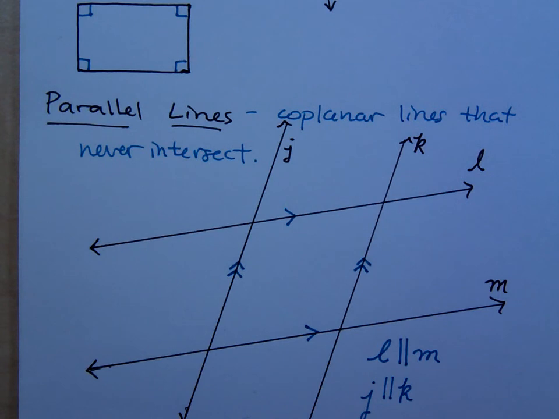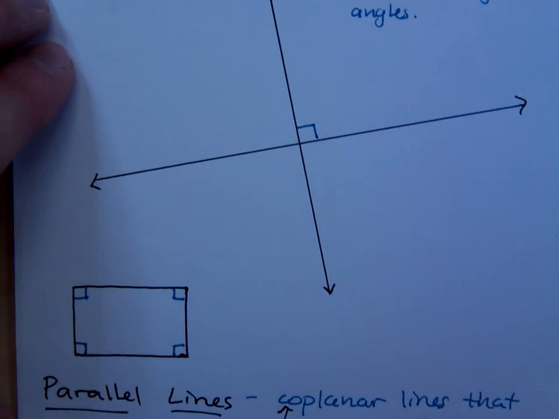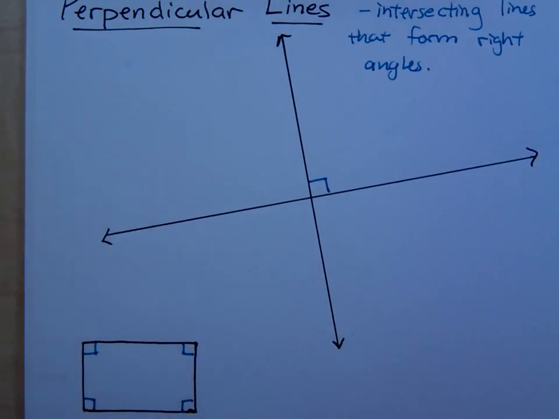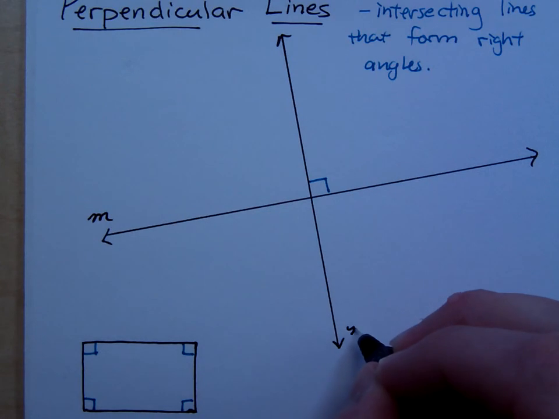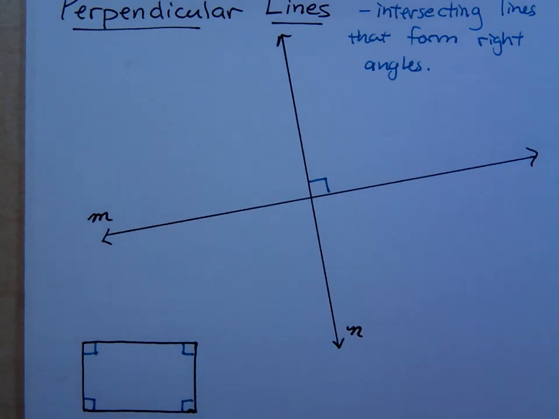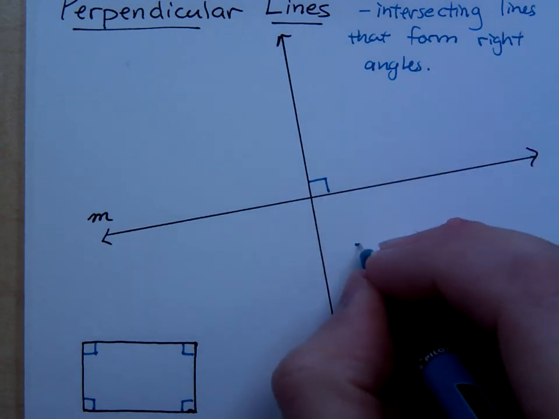Now there's another notation that we'd use if we're talking about perpendicular lines like we have above. So above, when we have perpendicular lines, if this is line M and this is line N, to say that these guys are perpendicular without necessarily showing the symbol here, you might see this written in the text.